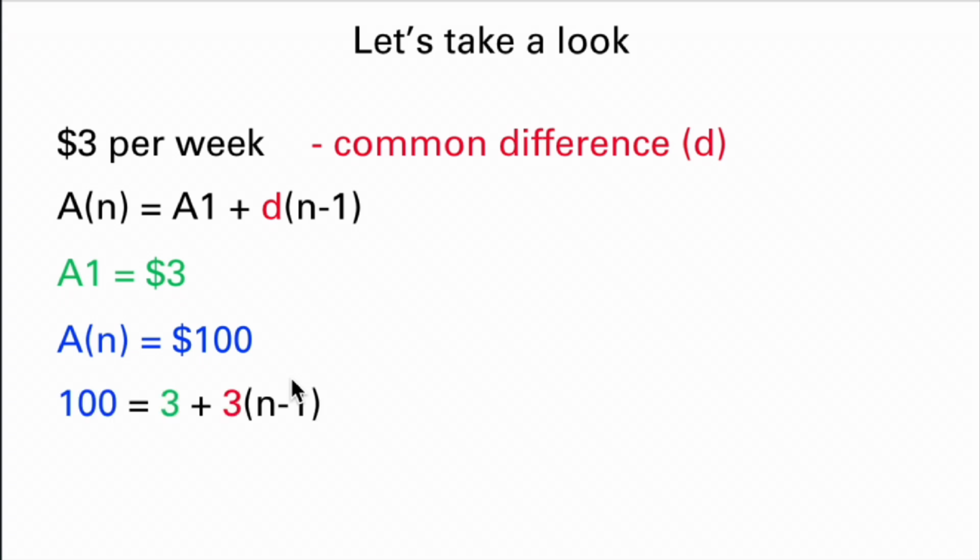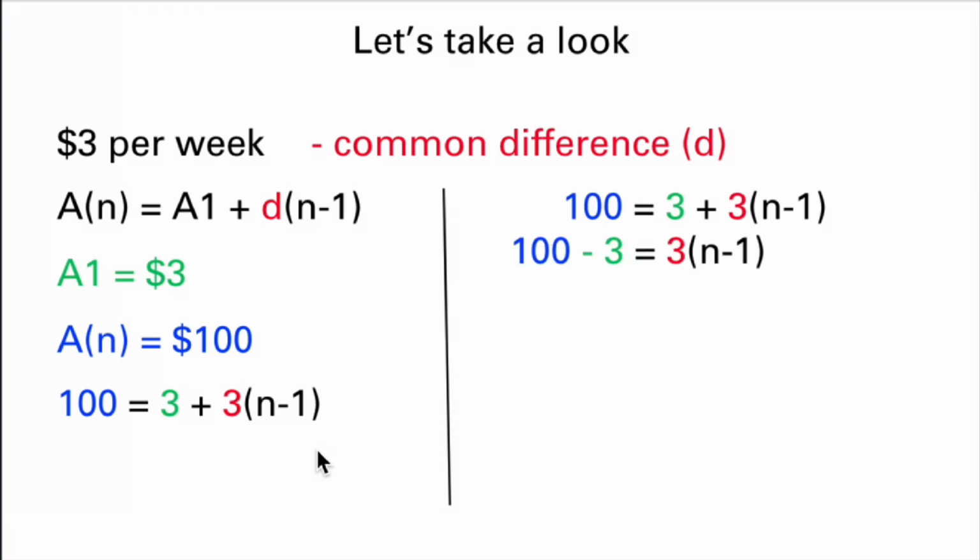So with that, we can pull up our formula. Replace in the numbers and put them in the main formula. So we'll now get an equation of 100 is equal to 3 plus 3 multiplied by n minus 1. So let's do the calculation. First up, again, same thing, minus the 3, move it to the other side, so you will get 97.